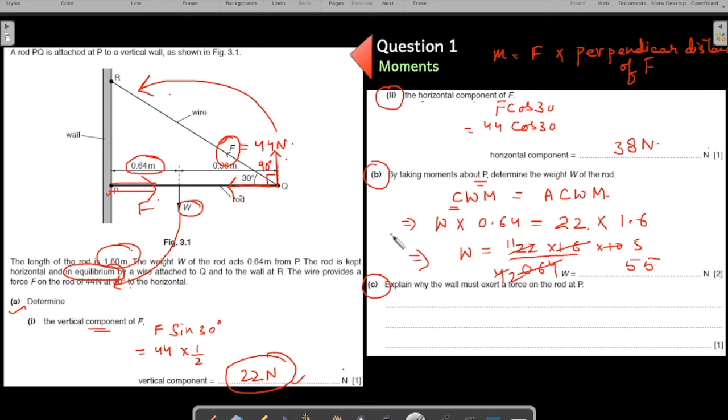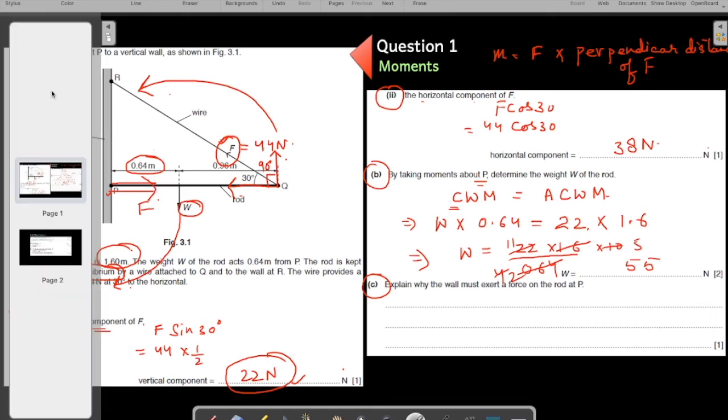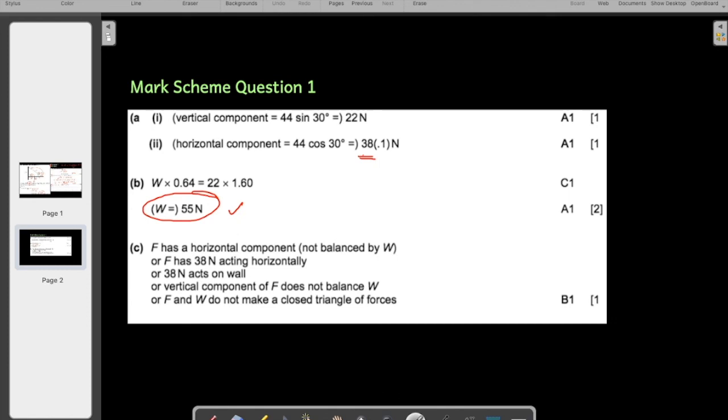You have to just say that the horizontal component of the force has to be balanced, and this balancing force is coming from the wall to the rod. The mark scheme also says there are many ways of writing this answer, but ultimately the meaning should come out as I just explained.